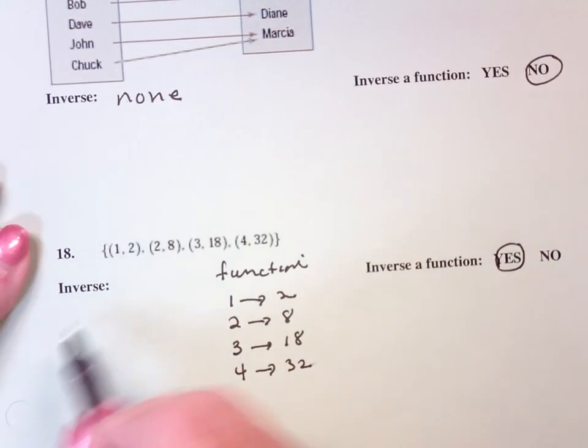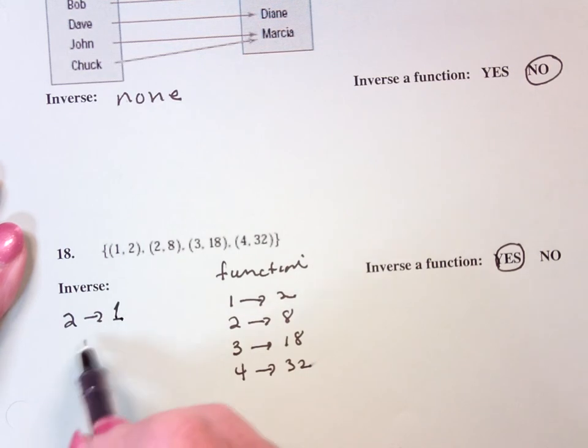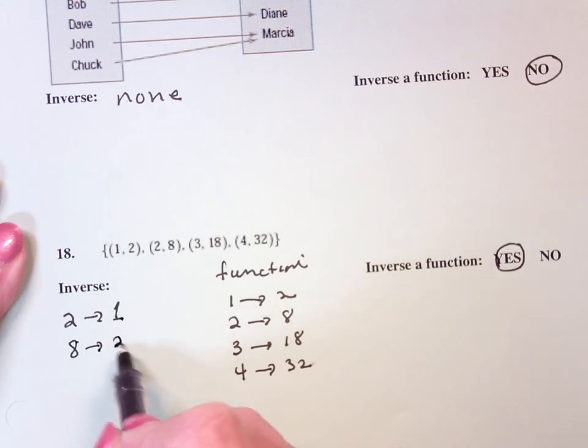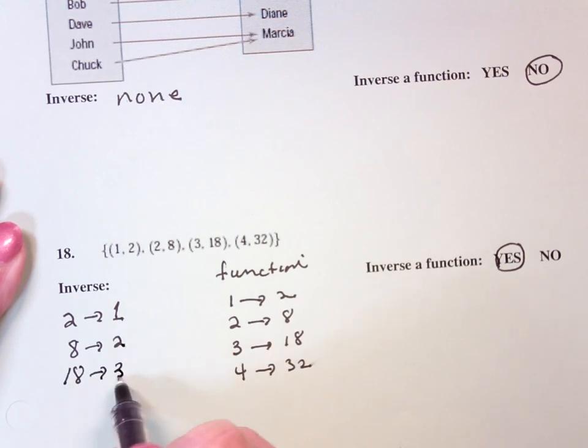So what's the inverse? Well, 2 has to return to 1. 8 has to return to 2. 18 has to return to 3. And 32 has to return to 4.